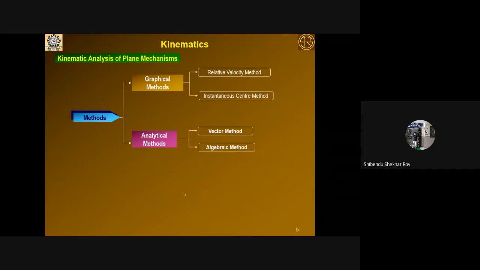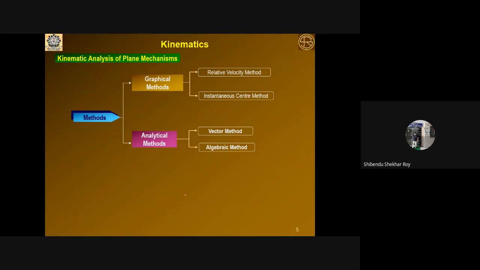I would like to tell you two methods here. One is the vector approach, another is the algebraic method. Why is the algebraic method also possible? Because the motion of all points lies in a parallel plane, and you project it onto a reference plane, then it works on a plane only. Then it becomes planar, and you can easily use algebra.